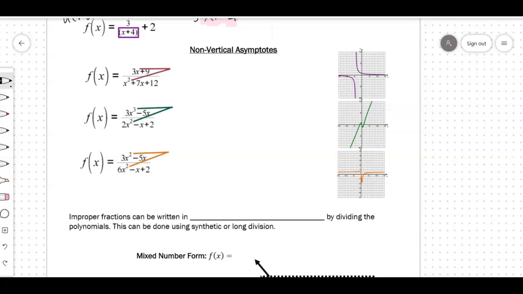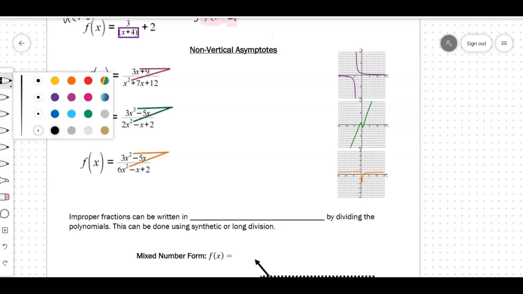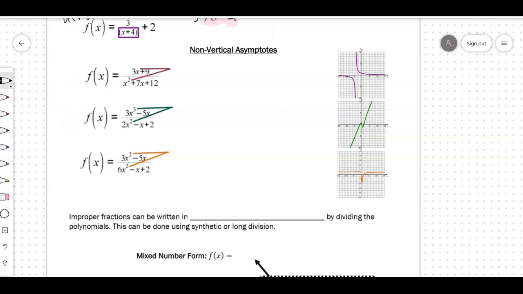So we have three different cases that we're going to look at. And so this first one here, looking at the leading terms in the top and the bottom, I can see that I have an x squared as my highest power in the denominator and x is the highest power in the numerator. So in this case, our degree is higher in the denominator.